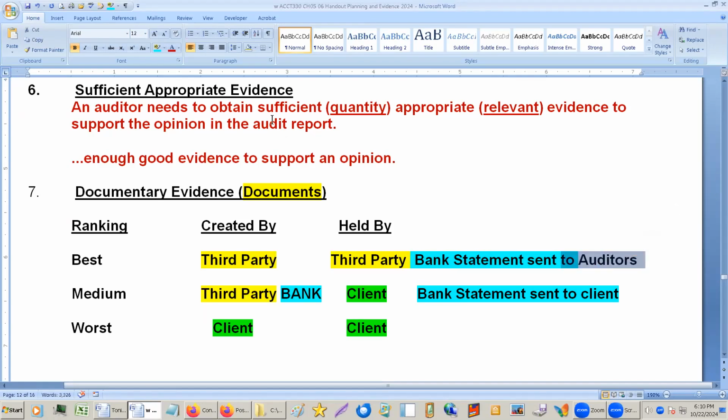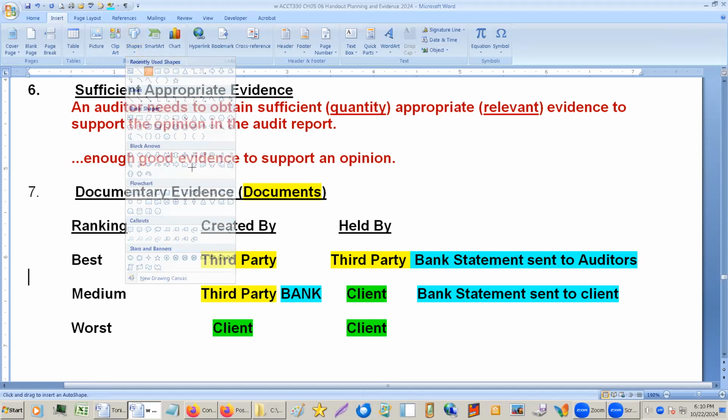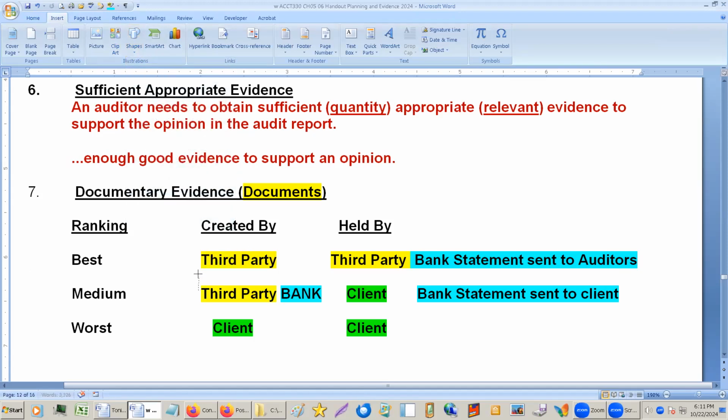So this will move it up to the best evidence. We're always trying to move evidence up to the next level.